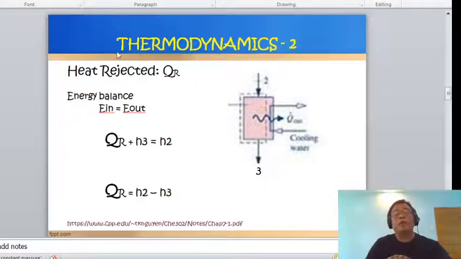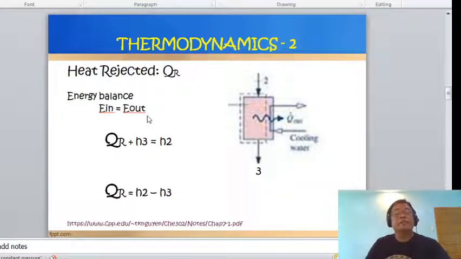So that is why h sub 2 is equal to hf at 2 plus x multiplied by hfg, where the x, class, of course, is the quality of steam leaving the turbine, and h sub fg is the enthalpy of the mixture at back pressure or at condenser pressure. Take note, class, back pressure and condenser pressure are the same.